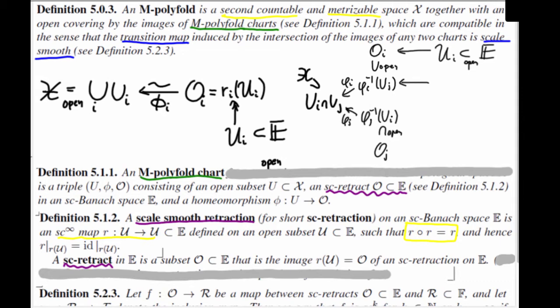So there's an R_i here. So this is now also open, and here in particular that means that it is an open subset of my scale Banach space.